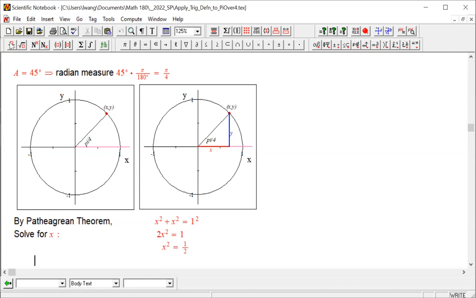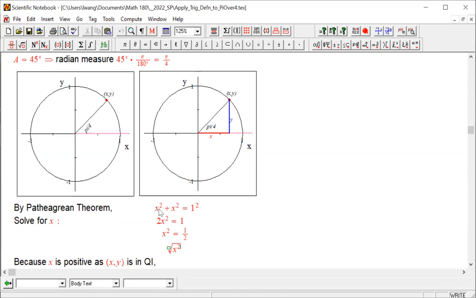Take the square root on both sides. The square root of x squared is going to be the square root of 1/2, and that equals 1 over the square root of 2.